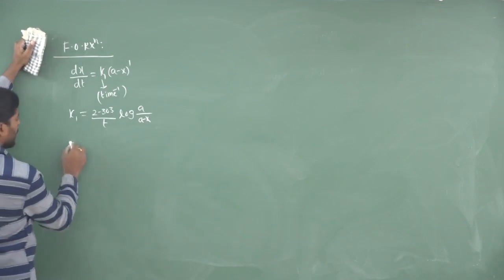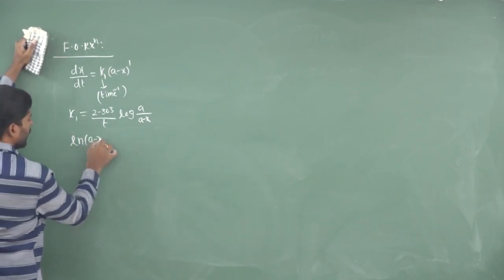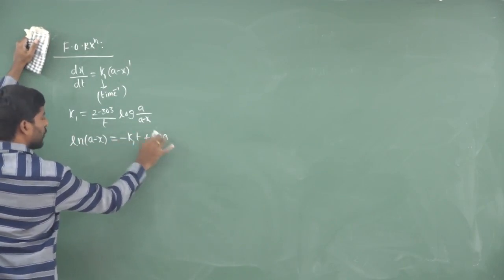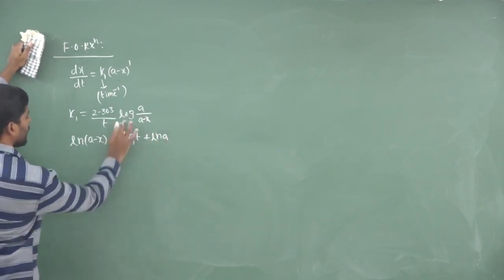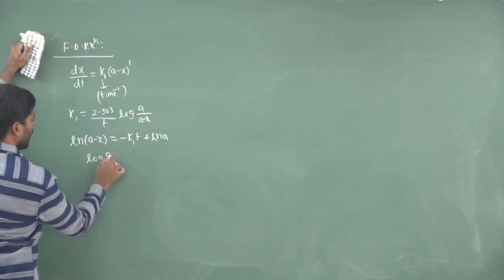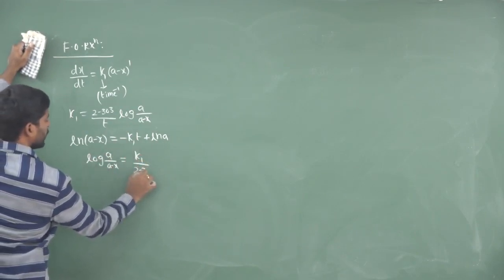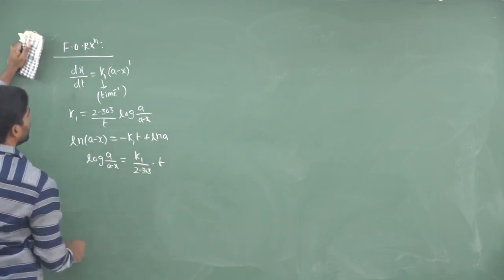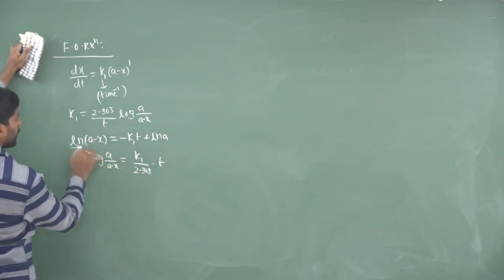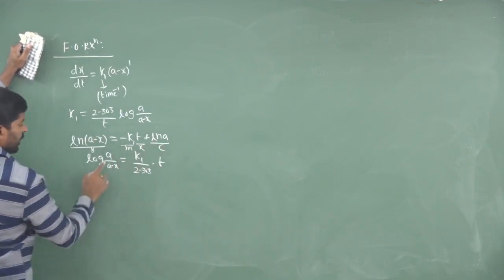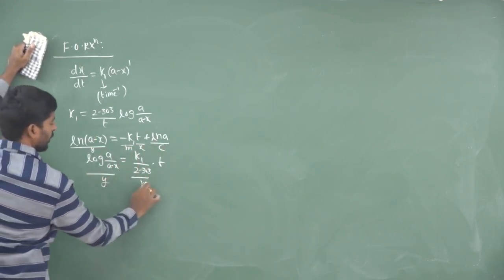So from this we can get various equations. ln(a minus x) is equal to minus k1t plus ln a, that we will get during derivation. Or log a by a minus x is equal to k1 by 2.303 into t. So this is in the form of y is equal to mx plus c, and this is in the form of y is equal to mx.